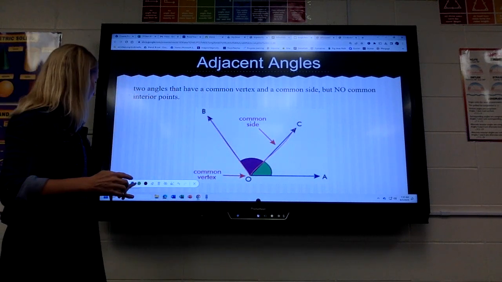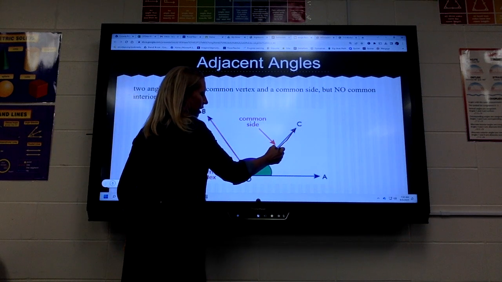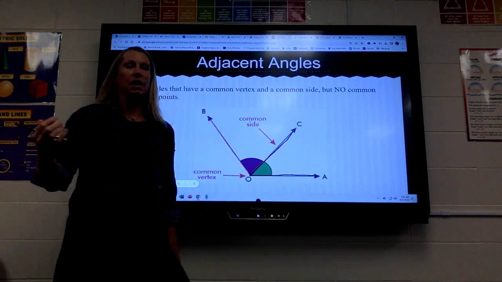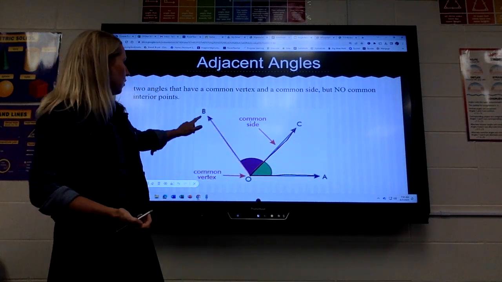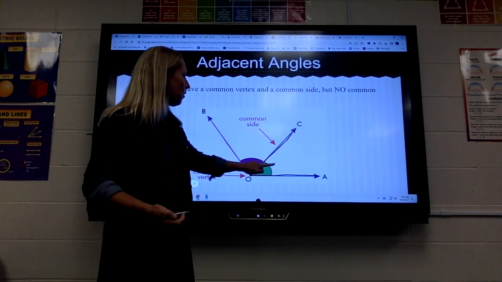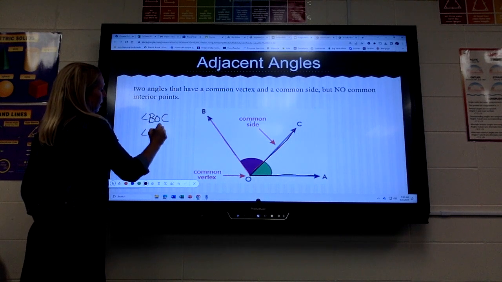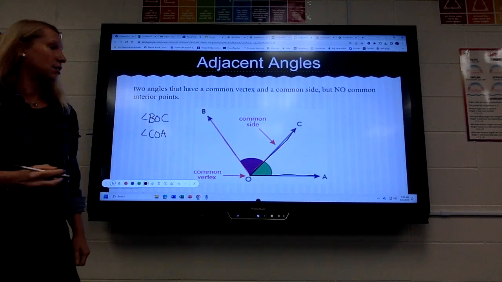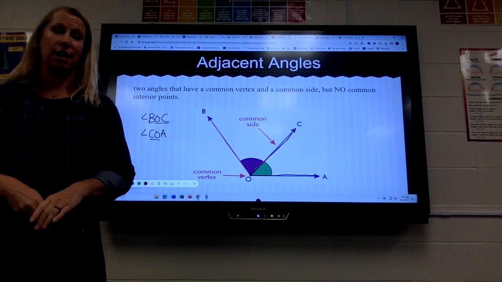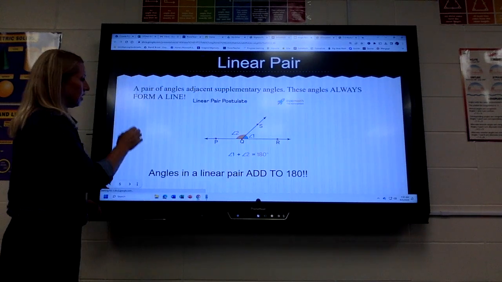And then the one right next to it, this one, that shares that side and that vertex, that angle would be adjacent to that. So angle BOC and COA would be adjacent. Notice two of the letters are the same. They share that side. So that's adjacent. You need to know what adjacent means.